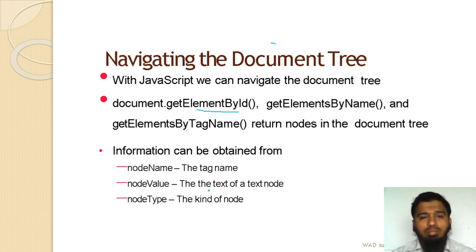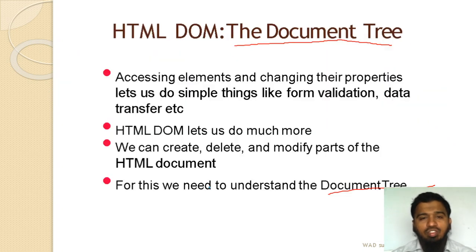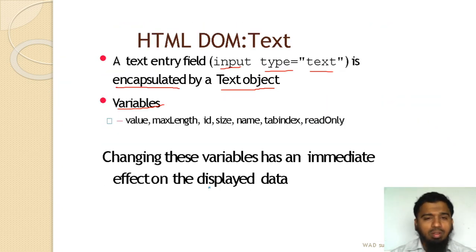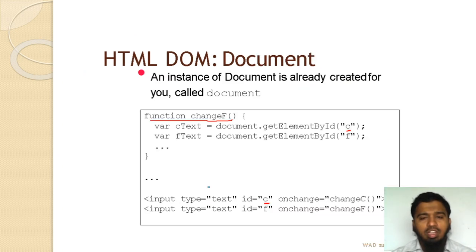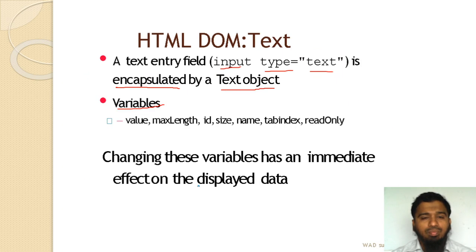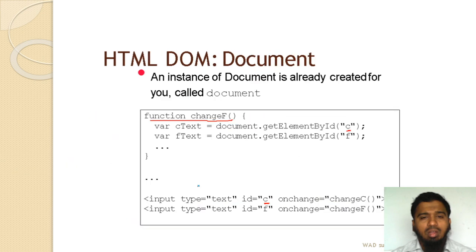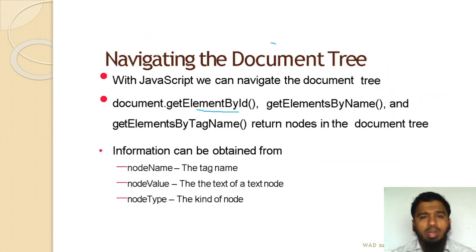This is simple, and you can take the reference of W3Schools for more elaborate or practical things. I just showed you one example: document.getElementById, and the ID is here. On click, automatically it will perform. So this is about navigating the document tree.